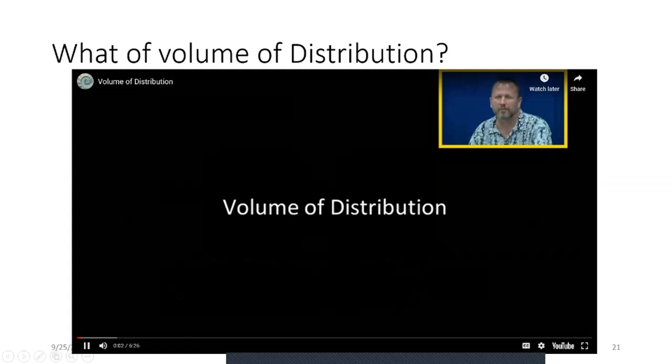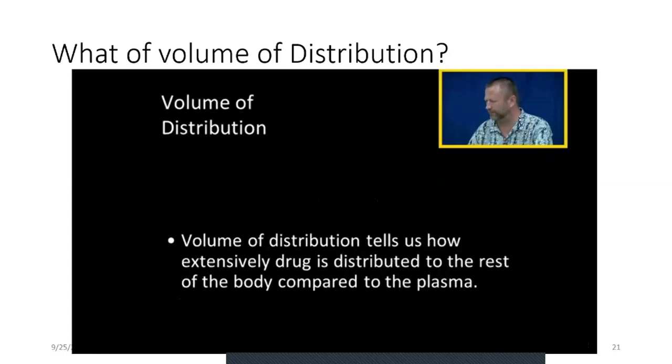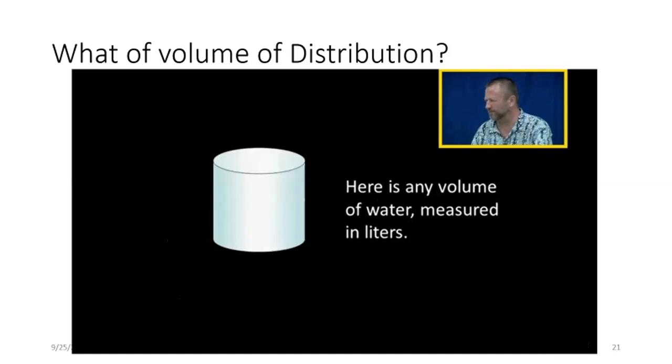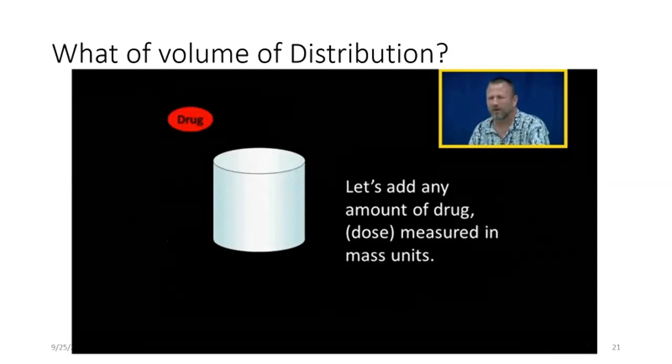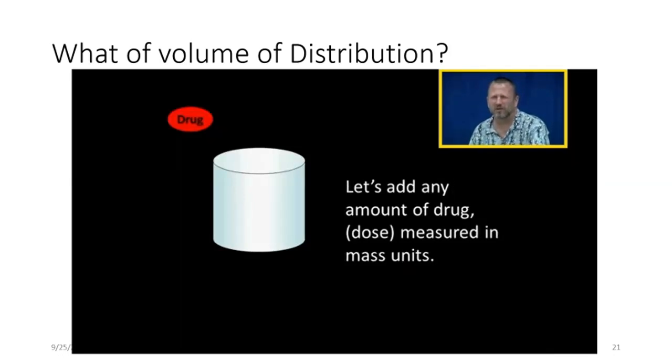So let's talk about the volume of distribution. The volume of distribution tells us how extensively drug is distributed to the rest of the body compared to the plasma. So here's any volume of water, and we can measure it in liters. And let's add any amount of drug, a drug dose, and we can measure that in mass units, usually milligrams.